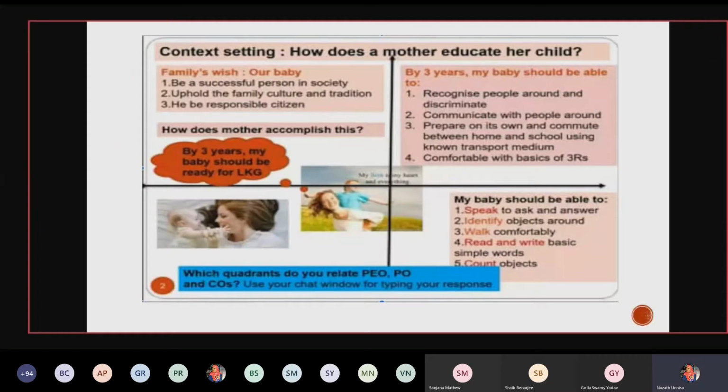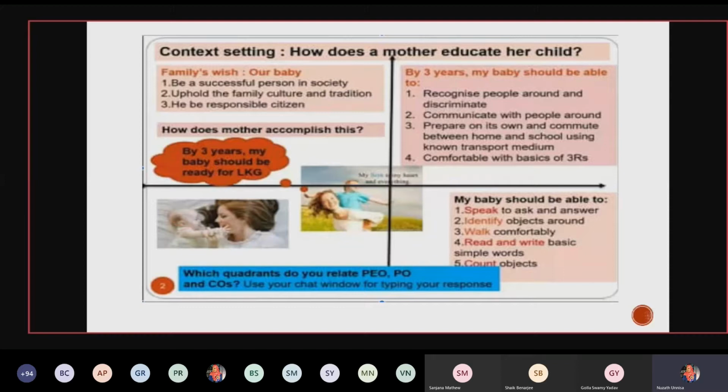Recently, I got this picture from one of the FDPs, so I thought of sharing it with you. There is a mother in this picture who is talking about her baby. She wants her baby to achieve these four things listed by 3 years, and the family's wishes for the baby are listed, and there are other things listed.